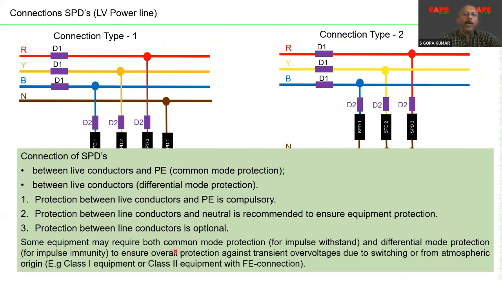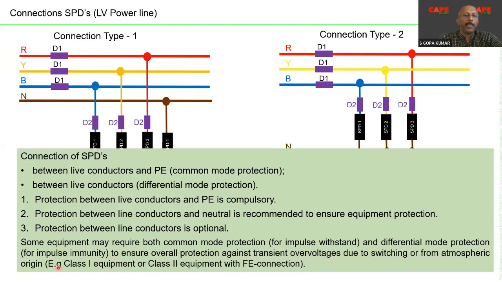Some equipment may require both common mode protection and differential mode protection. Common mode means all the 4 current carrying conductors with respect to the earth. Differential mode protection means between the lines. Some equipment requires both in order to have impulse withstand and impulse immunity, to ensure overall protection against transient voltages due to switching or of atmospheric origin.